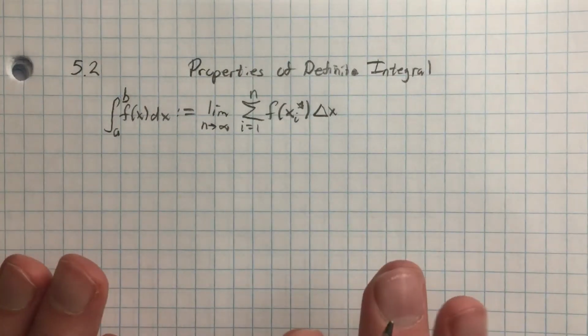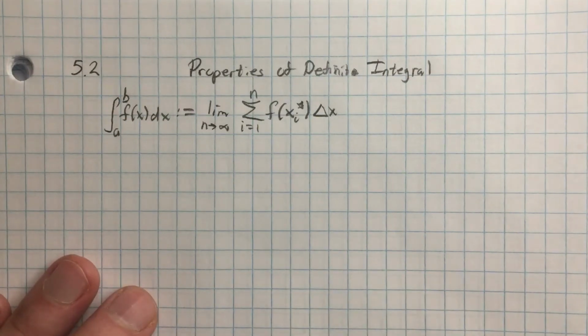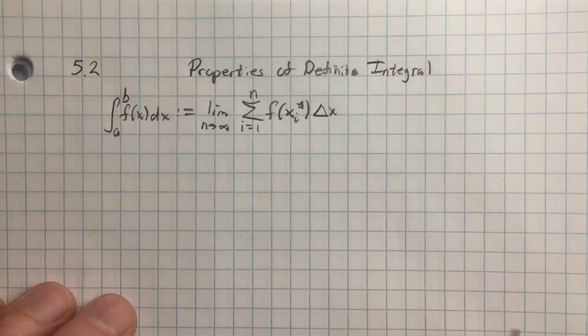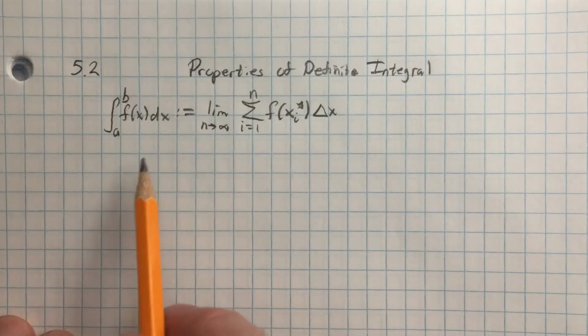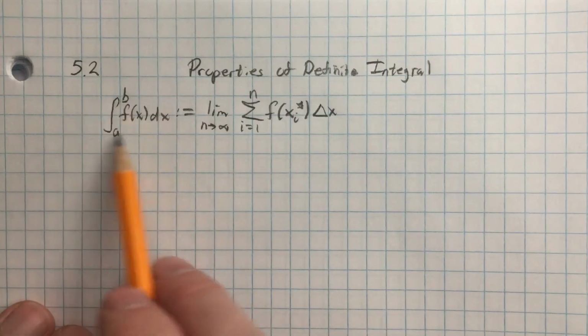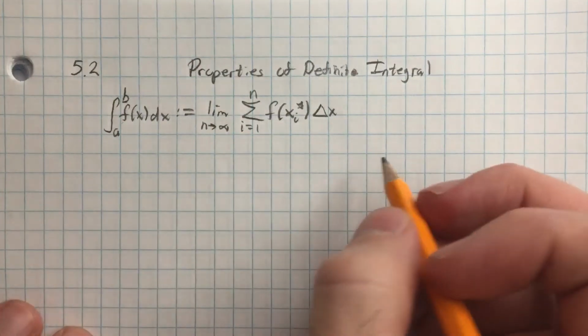So there's our definition. I calculated the x squared area from 0 to 2 a moment ago with it. But this very definition gives us more than just the power to calculate areas. It also gives us certain properties of this symbol which it defines. So let's look for a moment here.